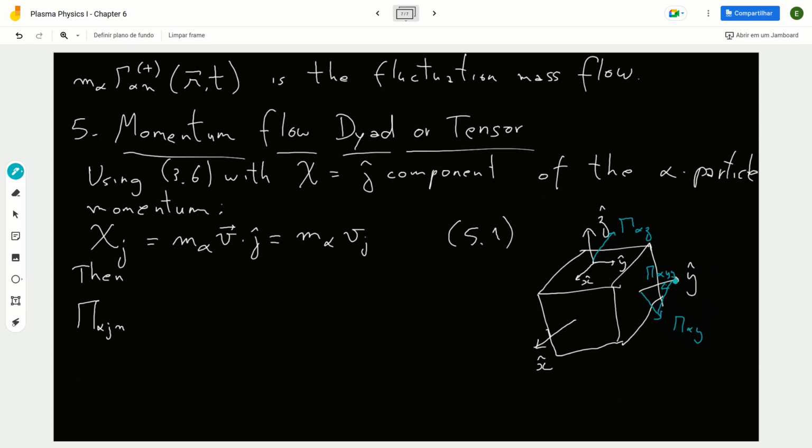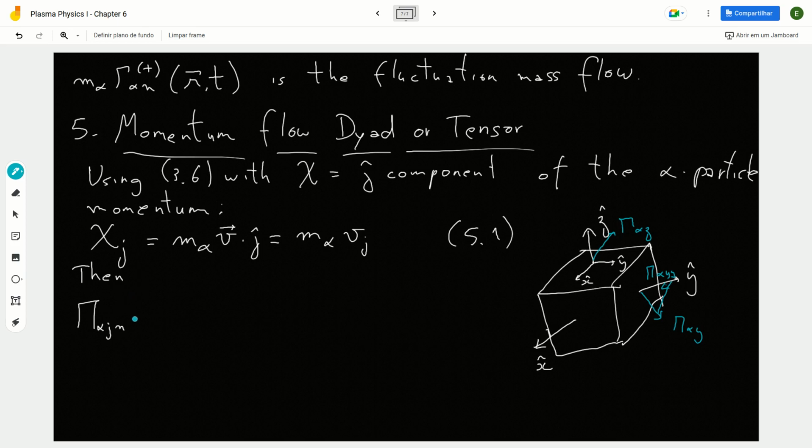You have the y direction, you may compute the x component and the z component as well. So for each plane here, you have a vector, and this vector can be decomposed into three components, all right? This is not immediately clear when you read the book, so I think thinking about this drawing might help you. So what is the expression for gamma alpha jn?